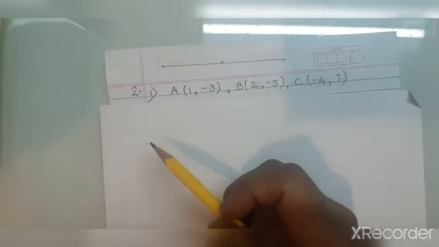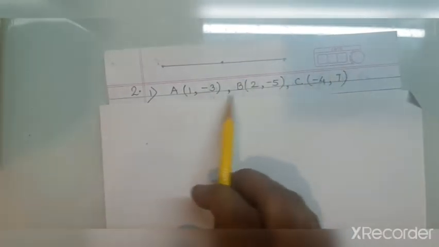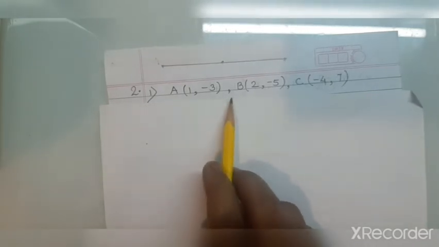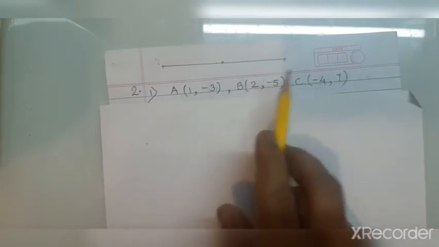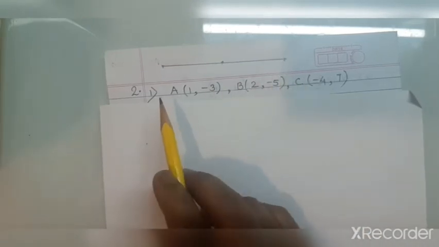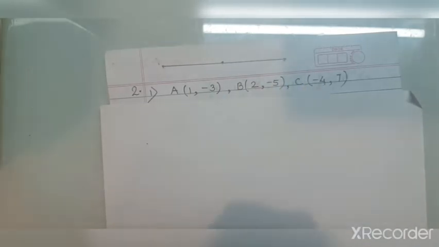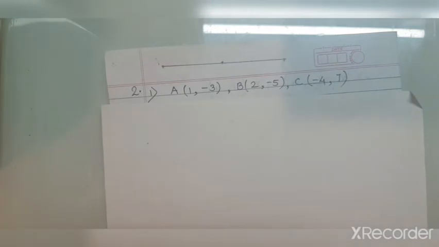So from these 3 points we will get 3 segments, so 3 distances: distance AB, distance BC and distance AC. Since there are 3 points, we can find 3 distances. So if we find that one distance is equal to the addition of the other 2, then we can say that the points are collinear.